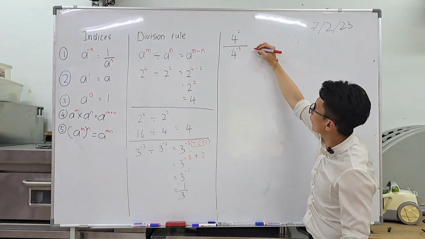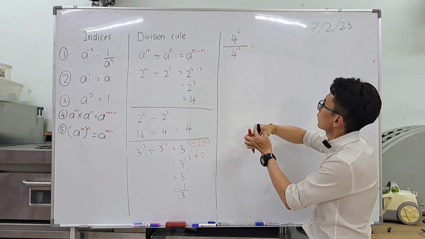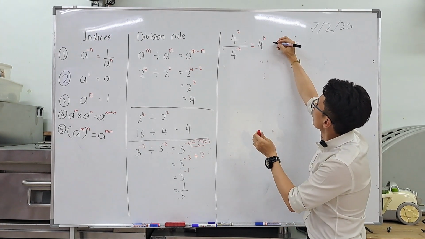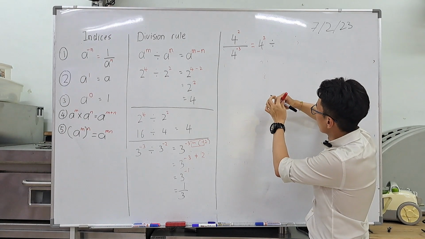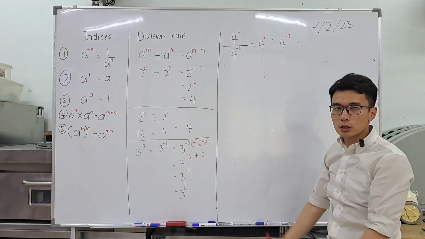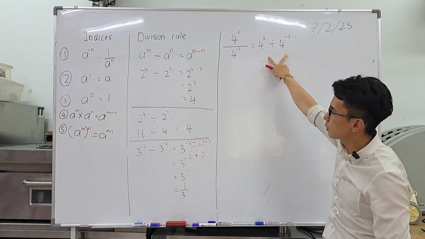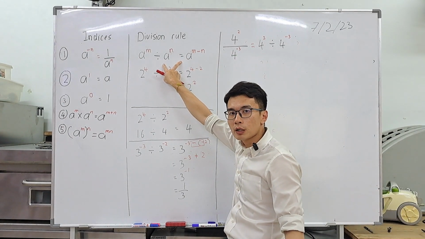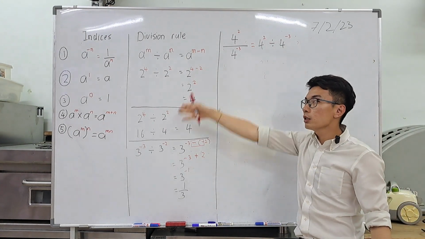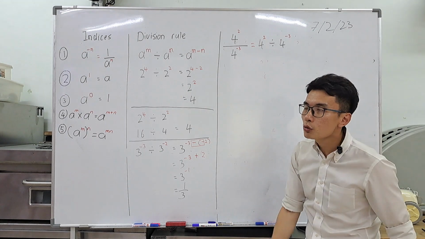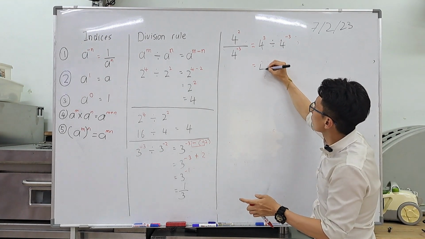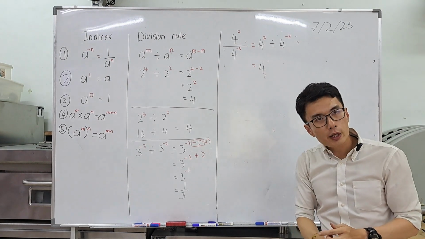So in other words, I can actually rewrite this like this: 4 to the power of 2 divided by 4 to the power of negative 3. Correct or not? See, I have changed it to something that I'm familiar with right now. So after that, you're going to apply the division rule. In the end, we know that if we are dividing the same base, we can subtract the power.